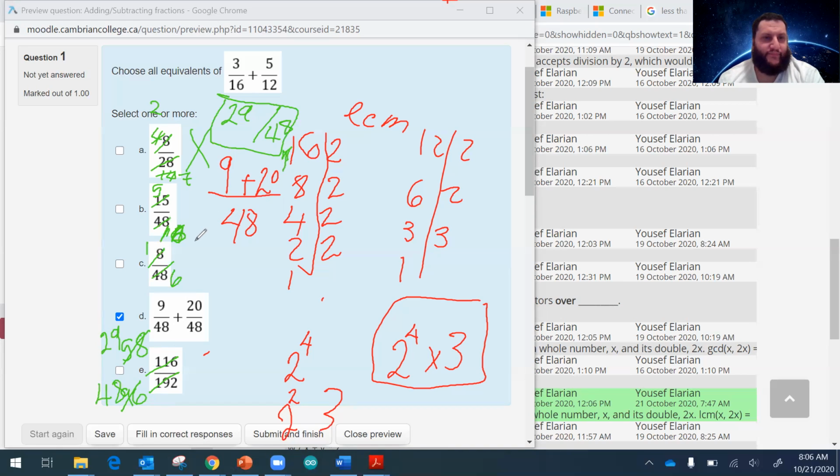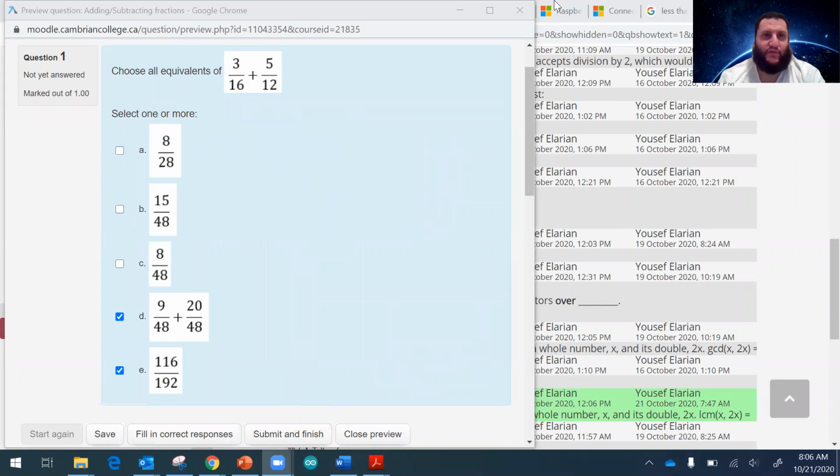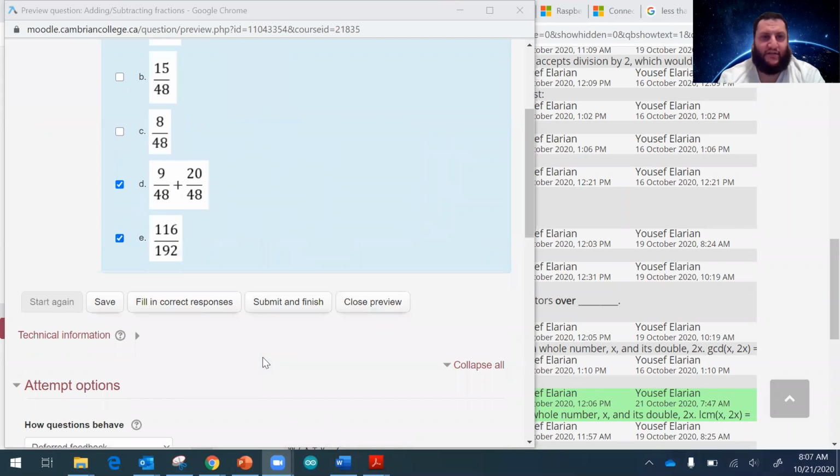Okay? So this one also applies. So this was a big question where you need to just make sure that you are comparing equivalence correctly by taking all to their simplest form after adding and subtracting. Okay, so these are the correct answers.